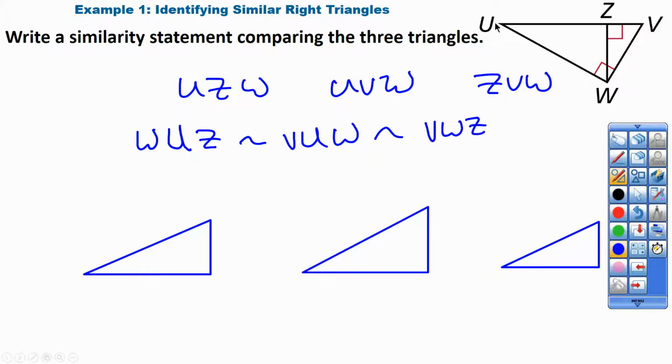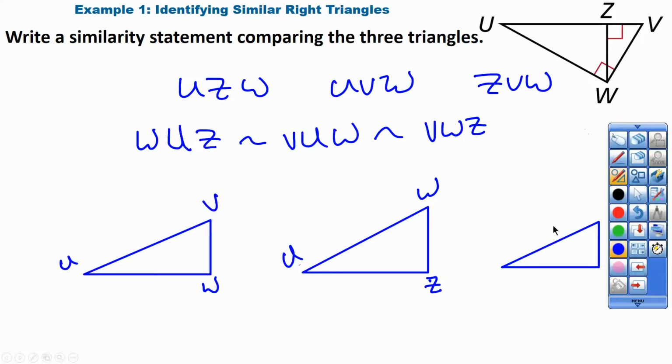Let's start with U, V, W. And then the long side again, that's going to be the hypotenuse. No, that's wrong, because ZW is the short side, and ZU is the long side, and UW.